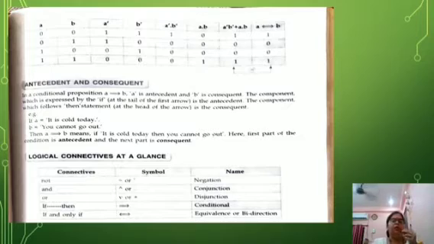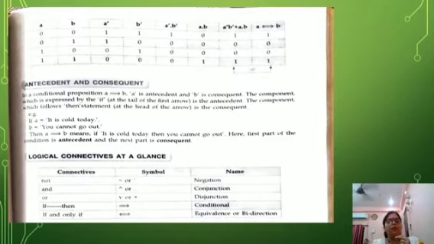Okay. Now antecedent and consequent. In this we can say that A is the antecedent and B is the consequent, because the component expressed by A, the if part, at the tail of the arrow, is known as the antecedent, and the component which follows then, at the arrow head, is the consequent.